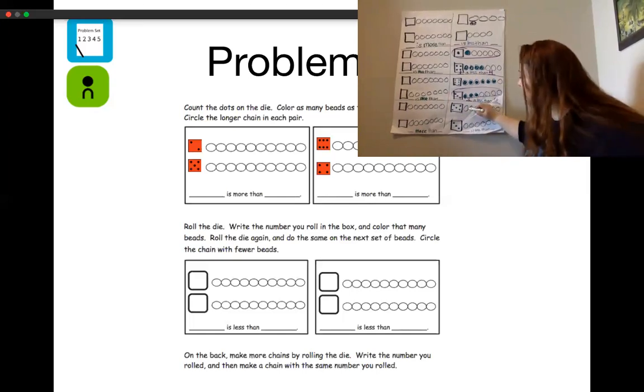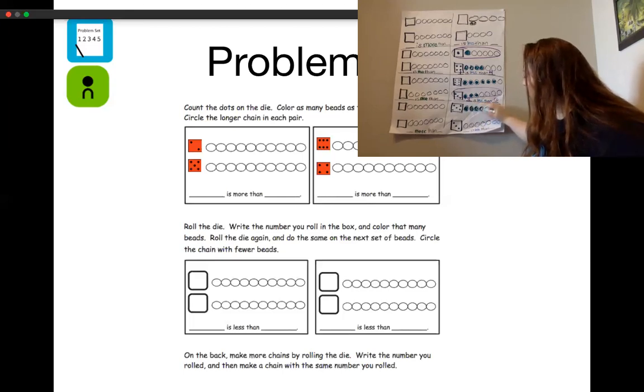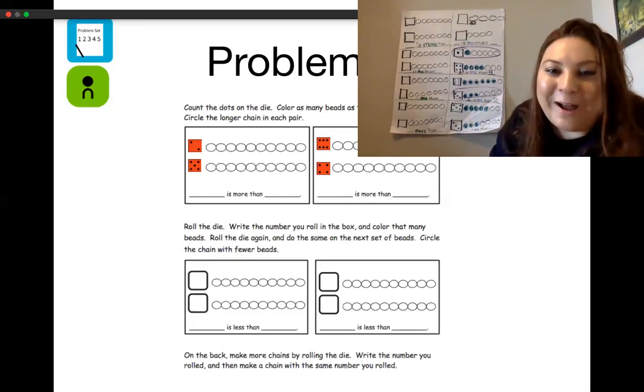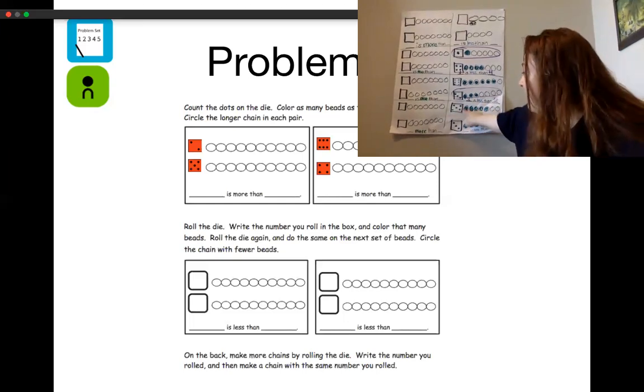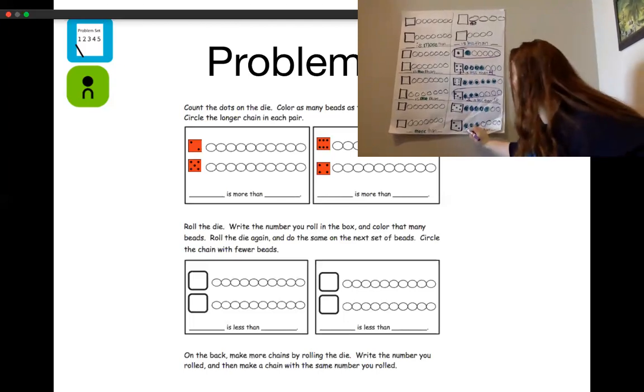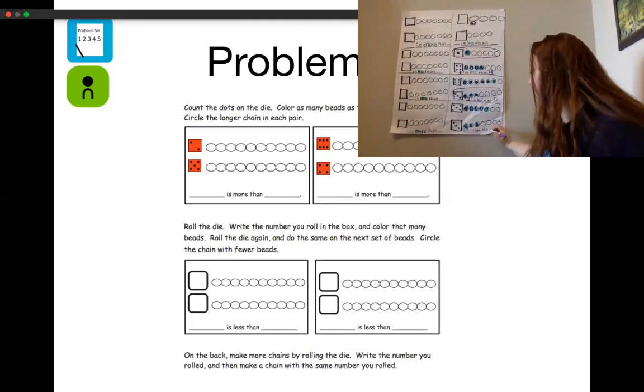Here we go. 1, 2, 3, 4, and 5. 3, 1, 2, 3. Which one is less, the 5 or the 3? Yes, the 3 is less than 5.